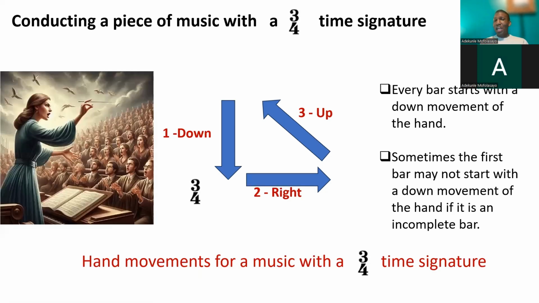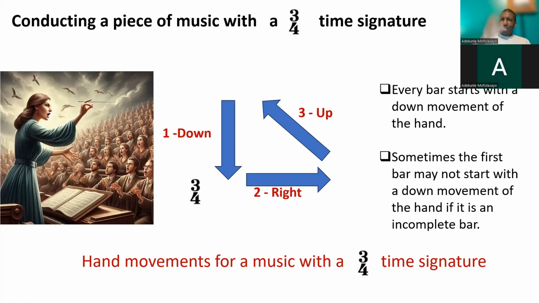Now, sometimes we can have the time signature as 3/4, meaning that we have 3 crotchet beats in the bar. So for this kind of music, your hand will go down for the first beat, then it goes to the right, and then it goes up again for the third beat. So down, right, up, down, right, up, down, right, up.